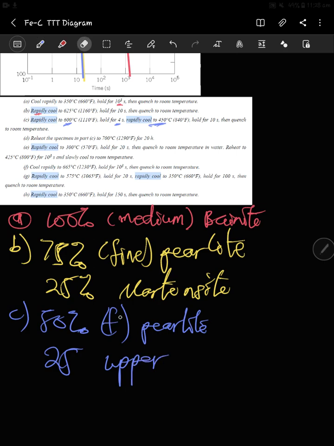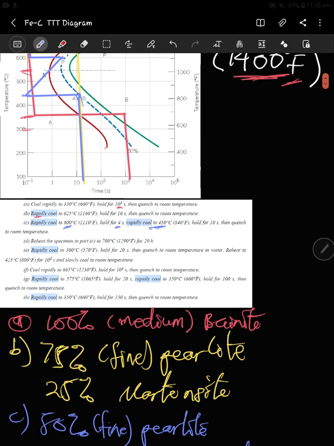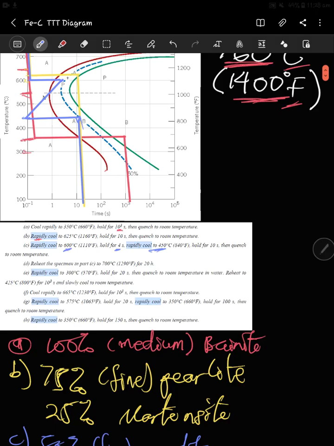Let me write this so there's no confusion. All right, for now, 25% upper what? Bainite, right? Let's look at it again so we are sure. So we get here, we know bainite is reading this and then this, right? This, yeah, and this.